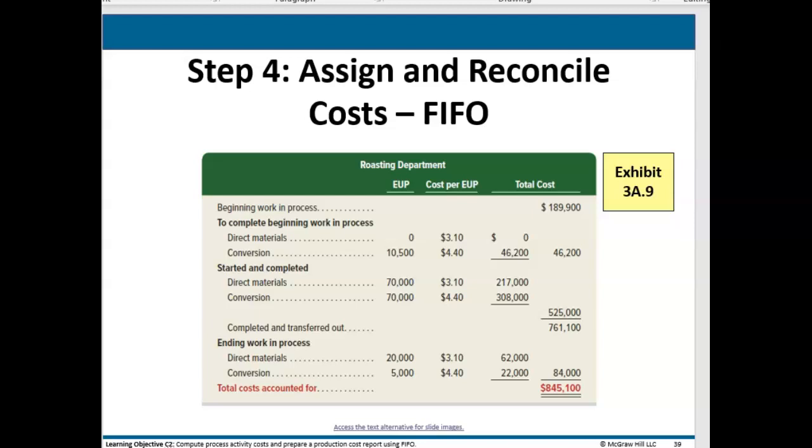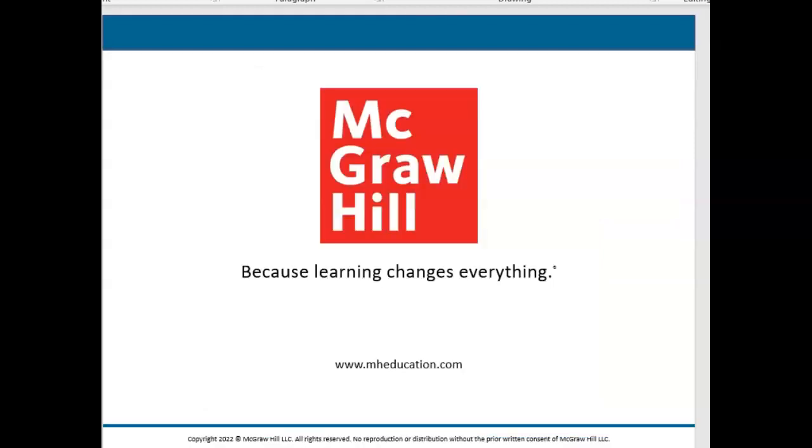Management verifies that the total cost assigned to units completed and transferred out plus the cost of units in ending work in process equal total production costs. Exhibit 3A.9 shows total costs accounted for of $845,100, which equals total production costs of $845,100 from Exhibit 3A.7. And that is it.